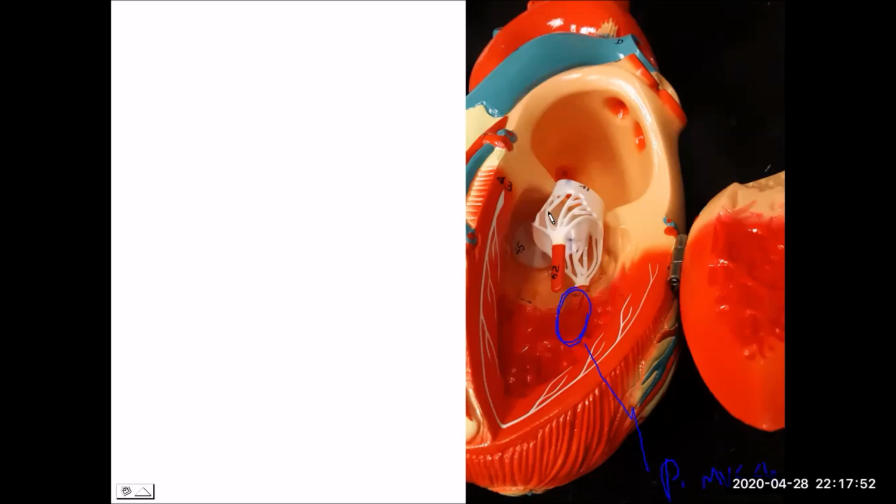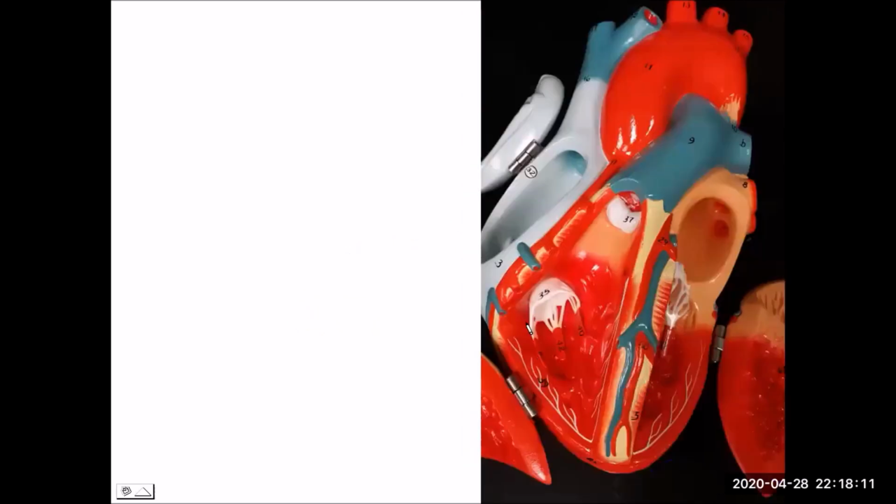The strings themselves are called chordae tendineae. And we always have that connection between an atrioventricular valve, chordae tendineae leading to papillary muscle. This happens to be the left atrioventricular valve, but we see the same traits for the right side as well.